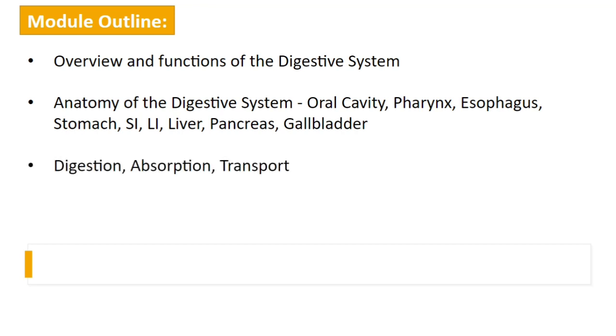Third is the actual process that happens inside the digestive system, which is the digestion, the absorption, and the transport process. And then the fourth one is, of course, the common disorders or diseases of the digestive system.